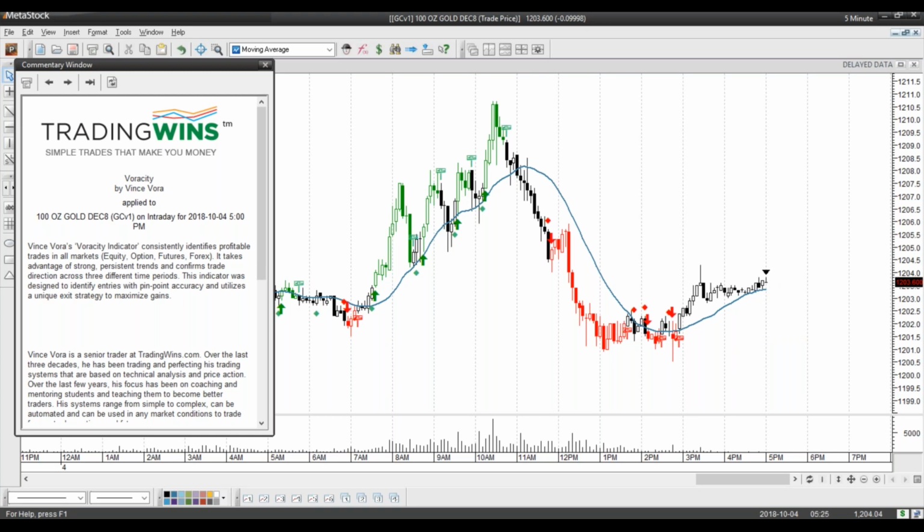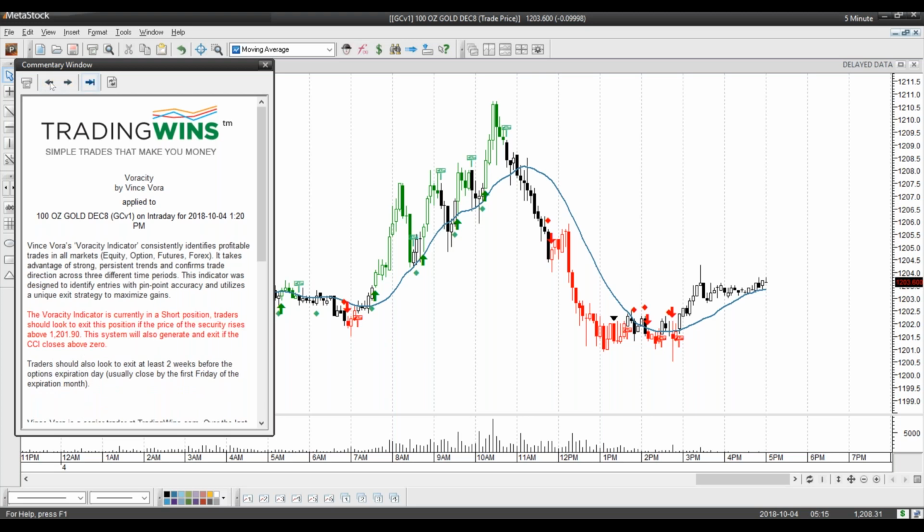You can move this around by either clicking above a bar, or by using the little arrows at the top of the commentary window. And you can attach this window to your menu of your chart on any side of the chart that you wish. But you'll notice that when it's in a trade, it will fill in the text.